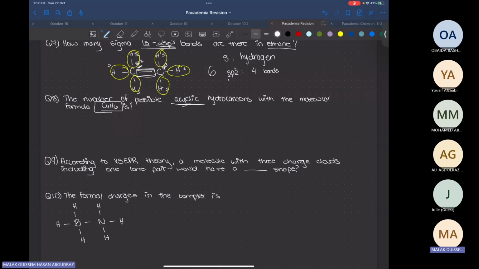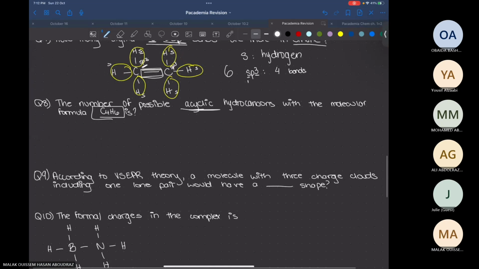I'll draw them out for you guys here. Basically, what do you guys think the answer is? Does anyone want to try or no? Or do you guys want me to solve it right away? خلاص, I'll solve it right away.